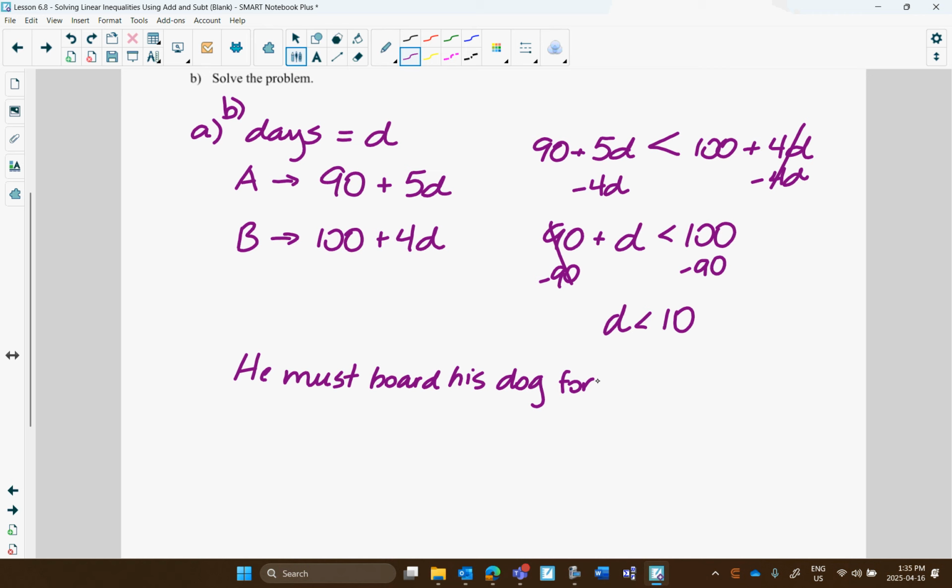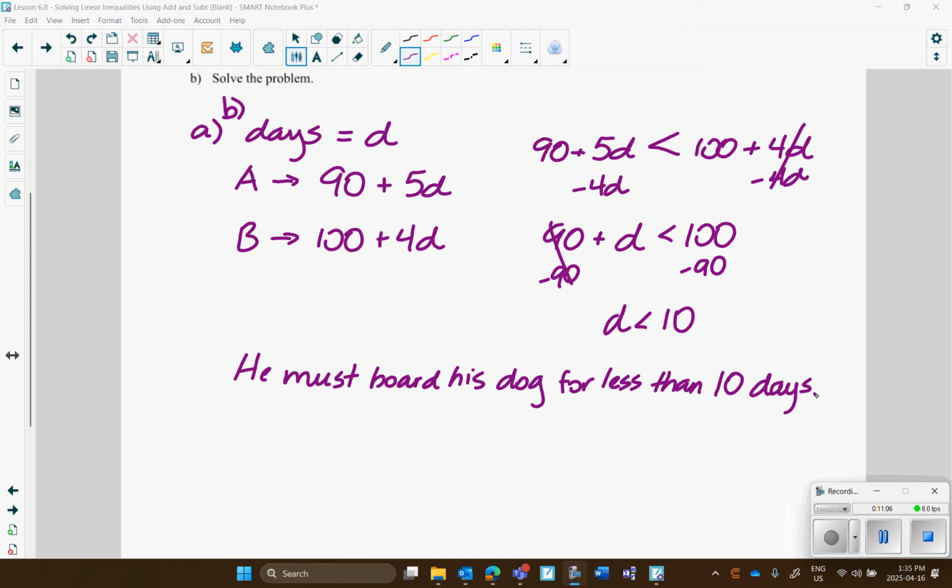Less than 10. He must board his dog for less than 10 days. And you can leave it like that. If you say he can board his dog for 10 days, that is incorrect. Because these are inequality word problems.